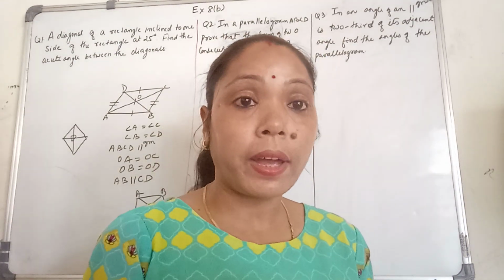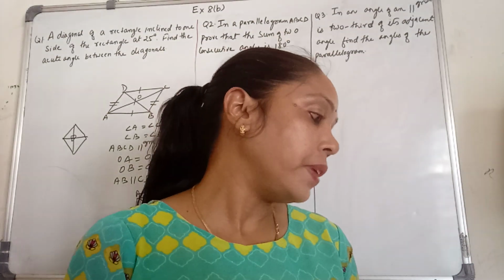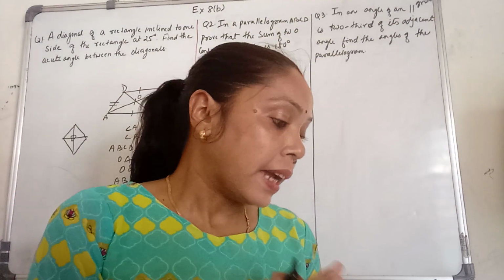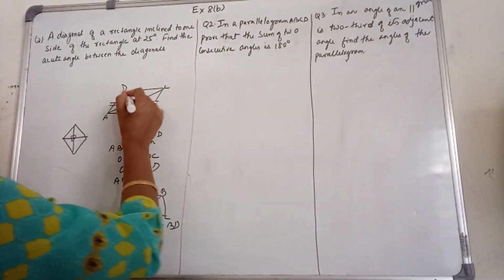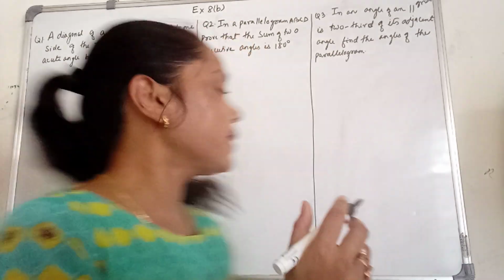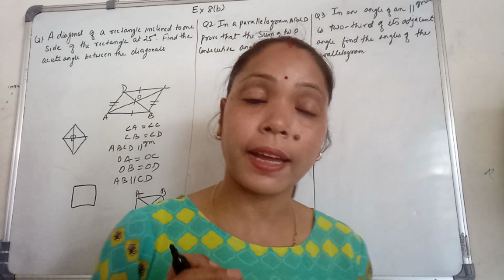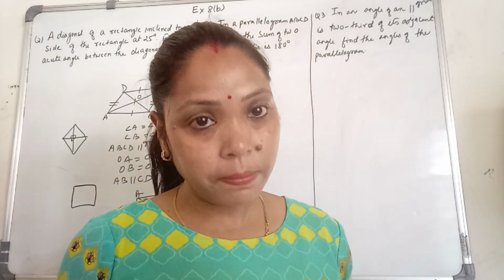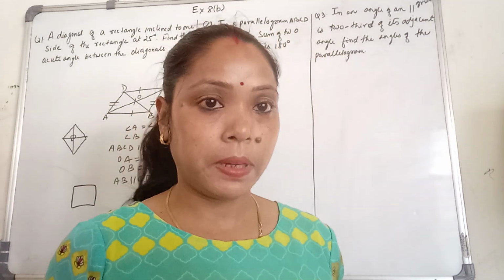Now again see, a square is considered a four-sided figure. So if in this parallelogram the diagonals are equal and also perpendicular, then that is considered a square. So what we have learned here: a quadrilateral can be a parallelogram, a rectangle, or a rhombus.